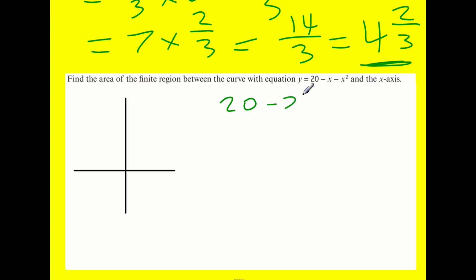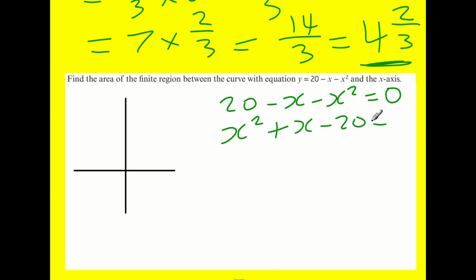20 minus x squared equals 0. That's going to tell me where it crosses the x-axis. What I always like to do is basically multiply by -1. X squared plus x minus 20 equals 0. You can imagine like adding both sides by x squared and so forth, but get it so we've got a 1 here.